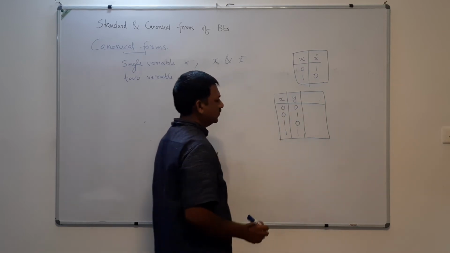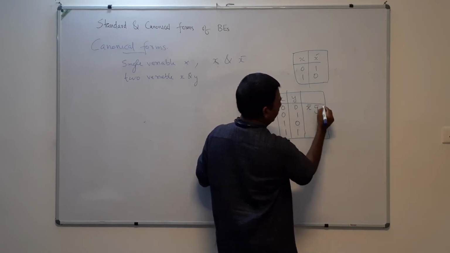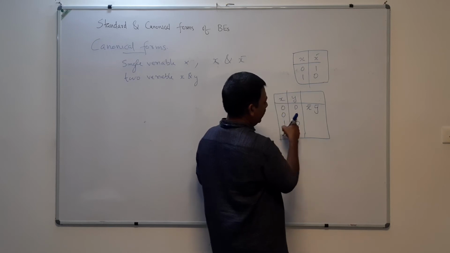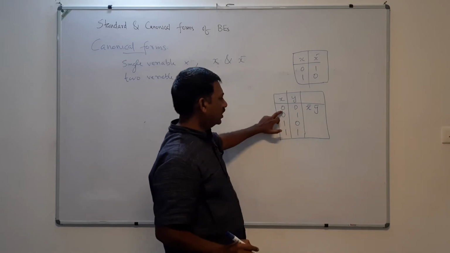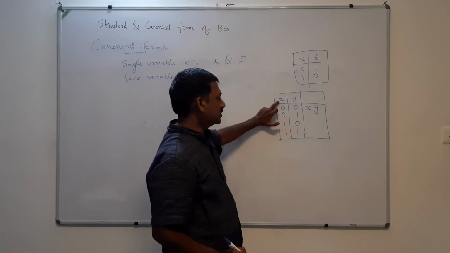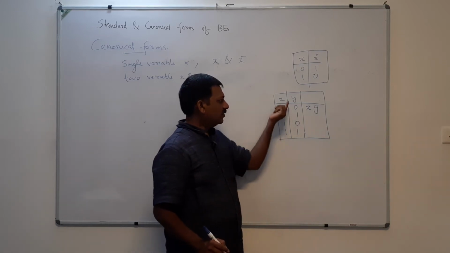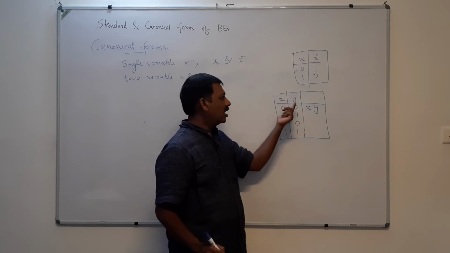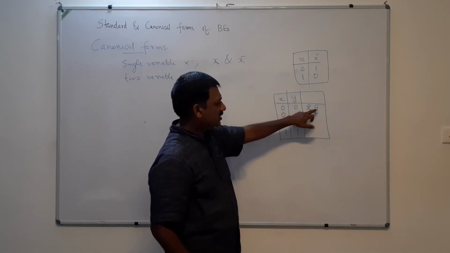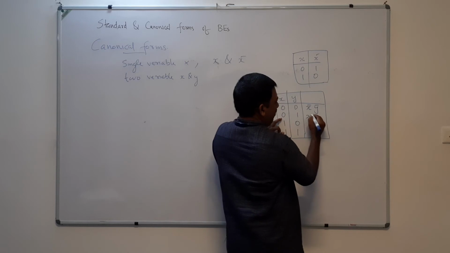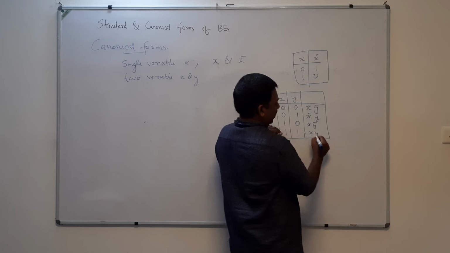If x is 0, we treat it as x bar, and if x is 1, we treat it as x. If y is 0, we treat it as y bar, and if y is 1, we treat it as y. That means this is x bar y bar, this is x bar y, this is x y bar, and this is xy.